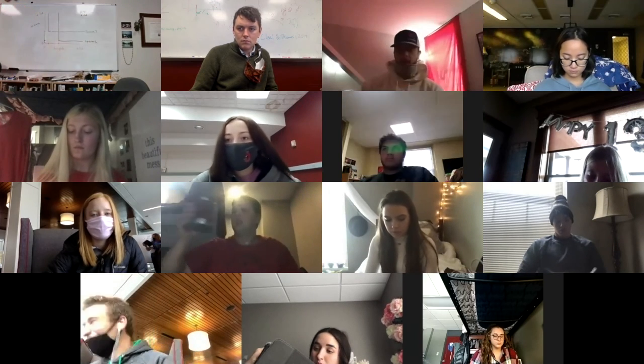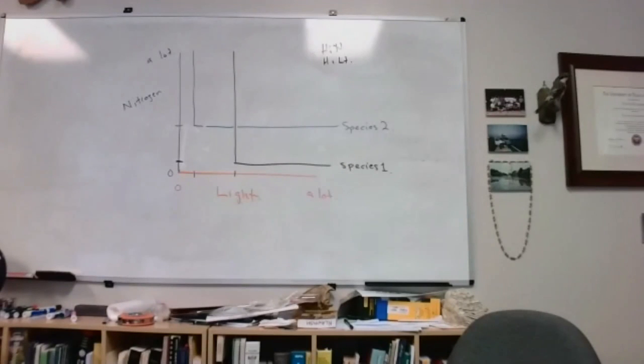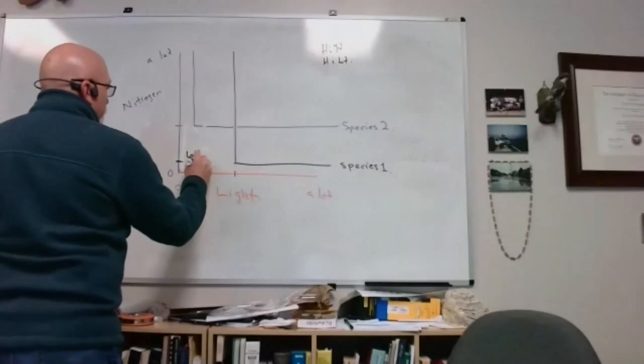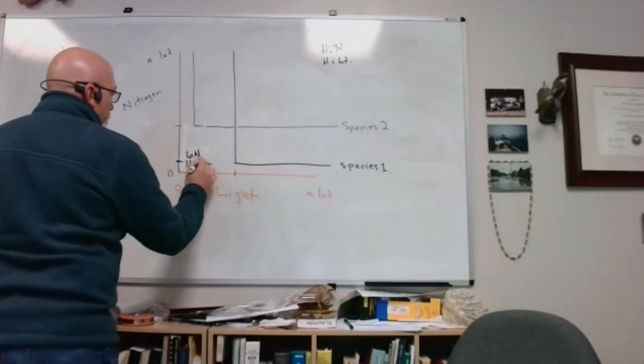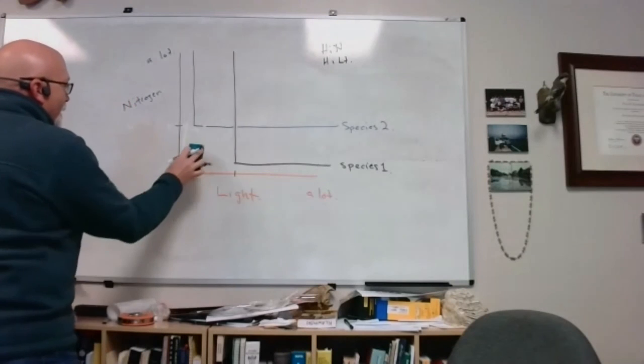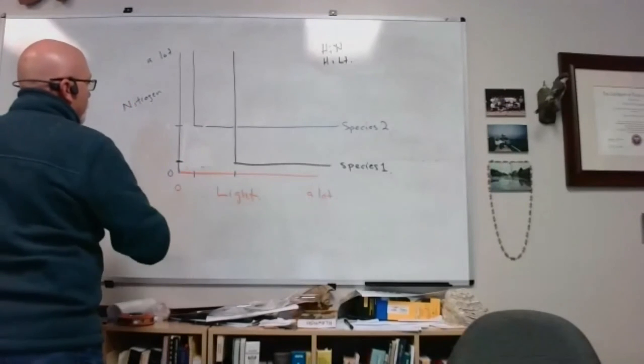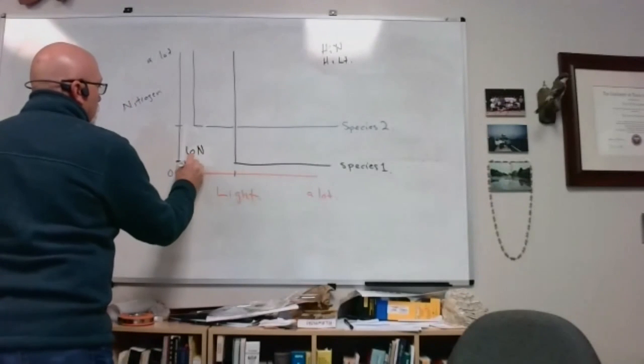And where are the lowest supplies of resources? Bottom left. Yeah, bottom left. Low nitrogen, low light.